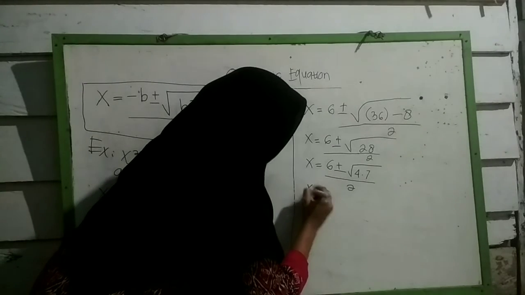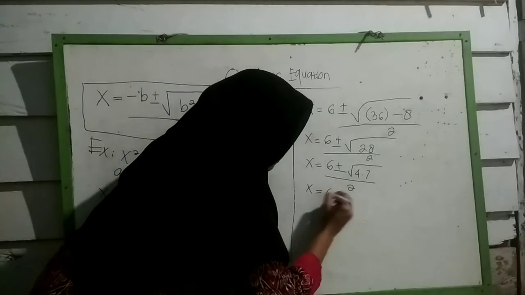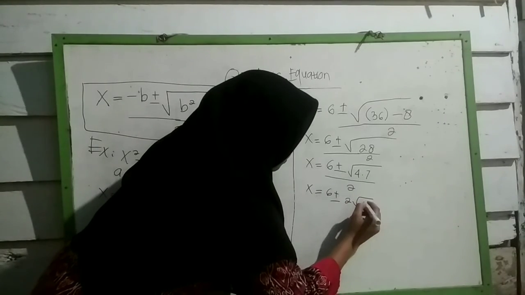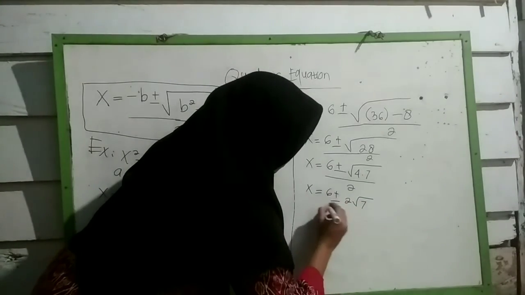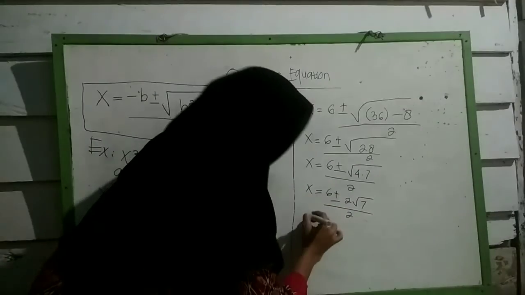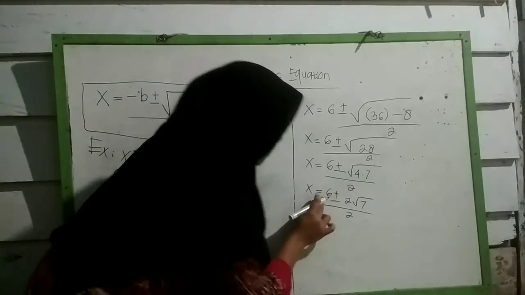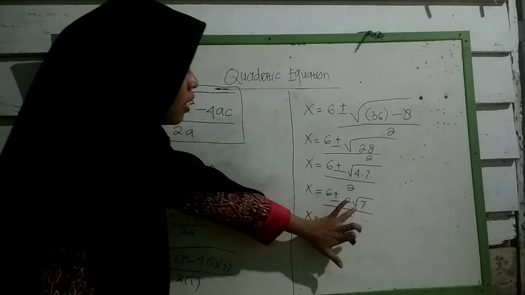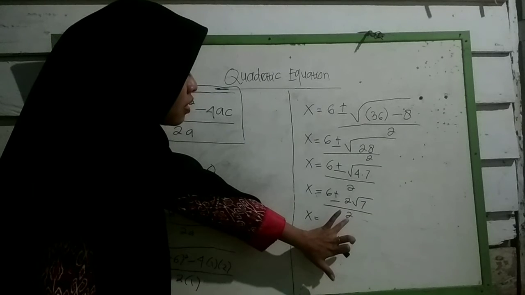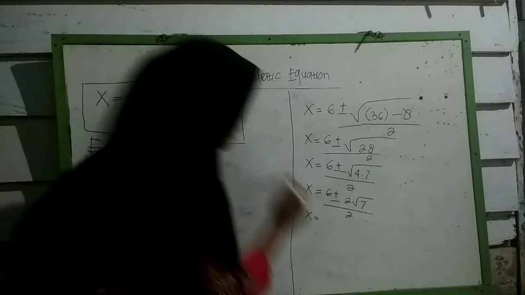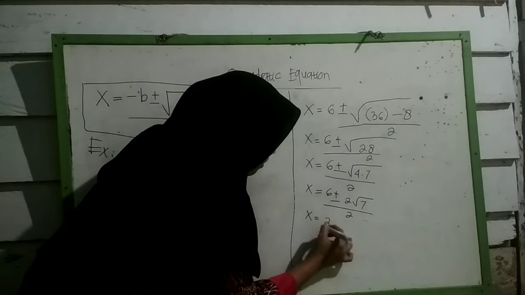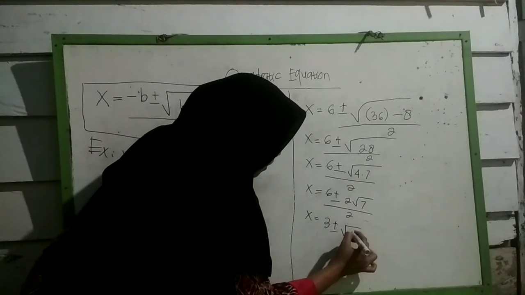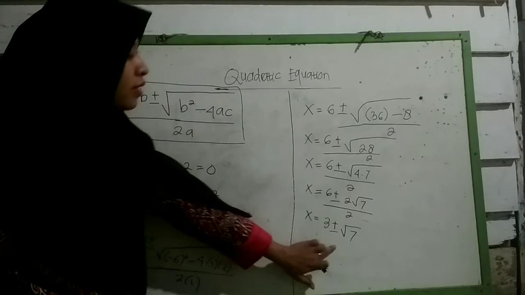Then x equals 6 plus or minus 2 root 7 over 2, so the result is 3 plus or minus root 7.